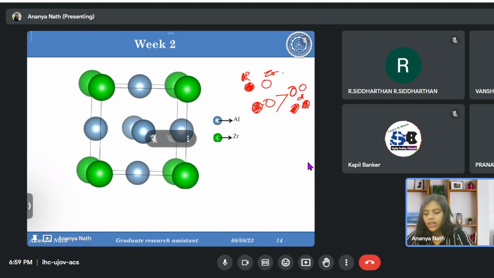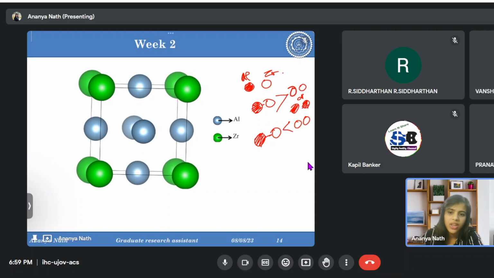And if the preferable condition is like-atom bonding, then that is clustering. Randomly the zirconium atoms are making bonds with each other and they are randomly arranged. So that is called clustering. But here it is short range ordering.